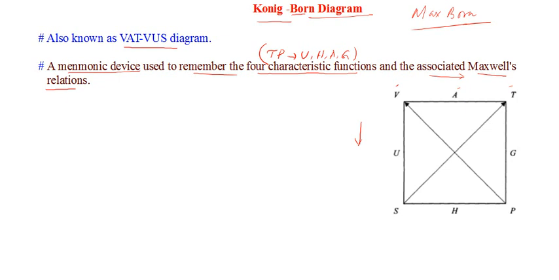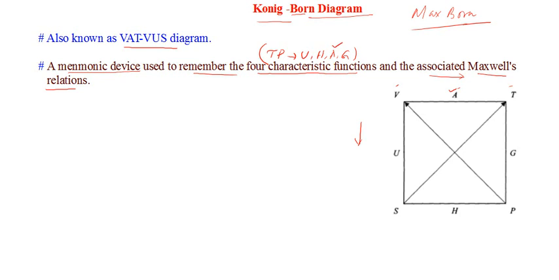That is a technique. Now what is the technique? Just look at the diagram, and I think the diagram itself will tell you how it is used. You look at the center of the sides of the square. On the top side of the square, A is written. A is one of the potentials.